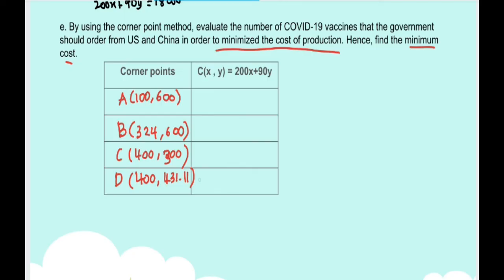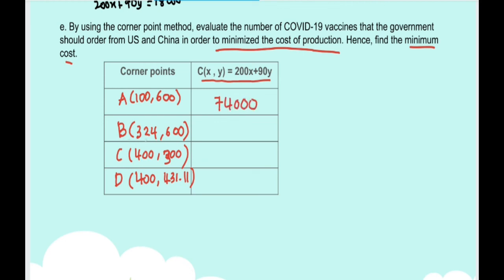And then after that, we need to substitute all these corner points into the objective function to get the cost. When you substitute 100 and 600 into this objective function, you will get 74,000.